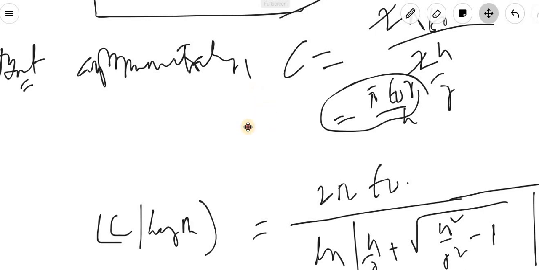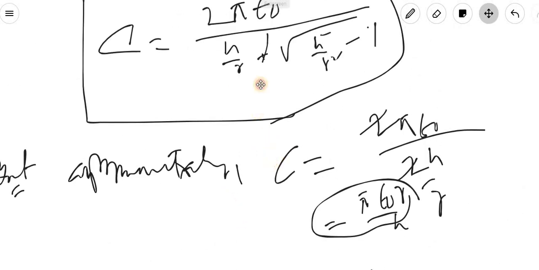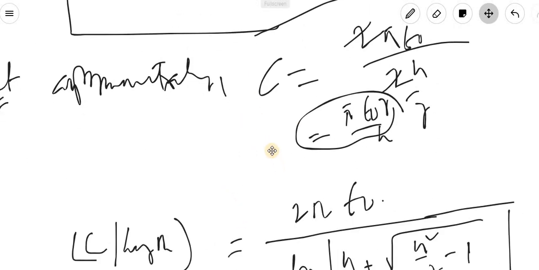And we have seen in the previous lecture the radius of equipotential lines, and here we have discussed the non-uniform case and the uniformly distributed case also.